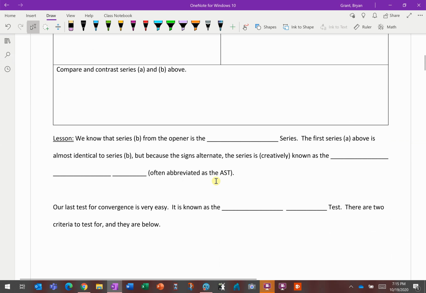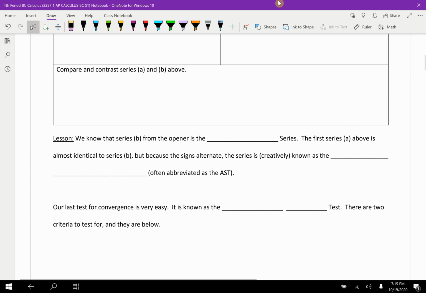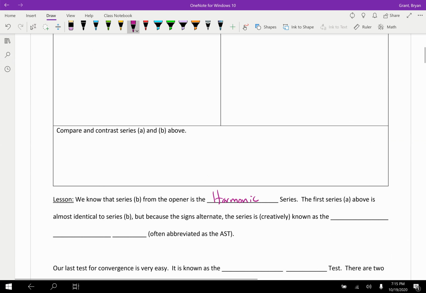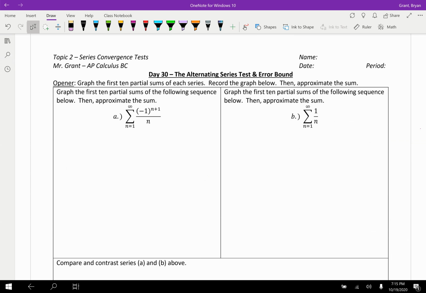We should note that the series B from the opener, as mentioned, is the harmonic series. However, Series A is almost identical to Series B, but because the signs alternate, maybe I should have written out what's happening here. If you substitute in 1, this becomes a positive up here, and we get 1 over 1. When we substitute in 2, 2 plus 1 is 3, negative 1 to the third is a negative, so it's negative 1 over 2, and then we alternate like this.